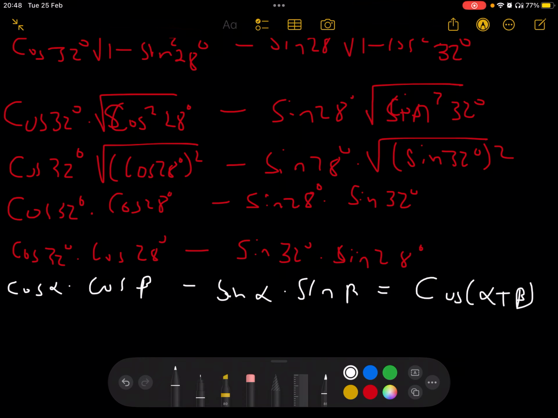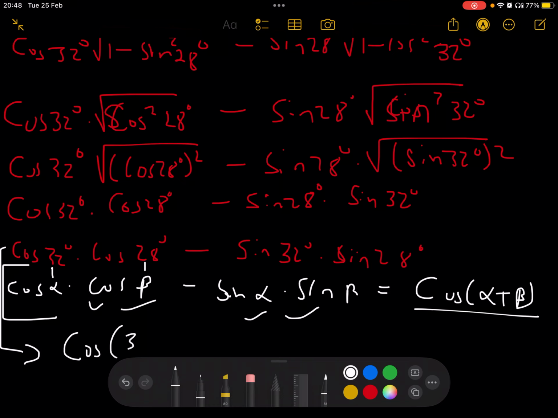So we may rewrite this red one in terms of this one, where alpha is going to be 32 and beta is 28. So this is cos of 32 degrees plus 28 degrees, which is equal to cos of 60 degrees.